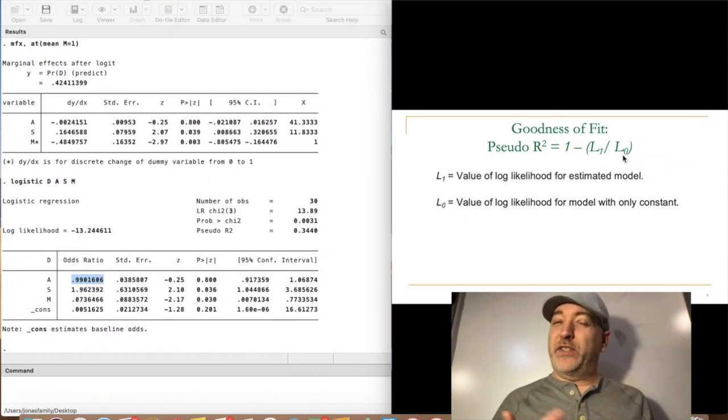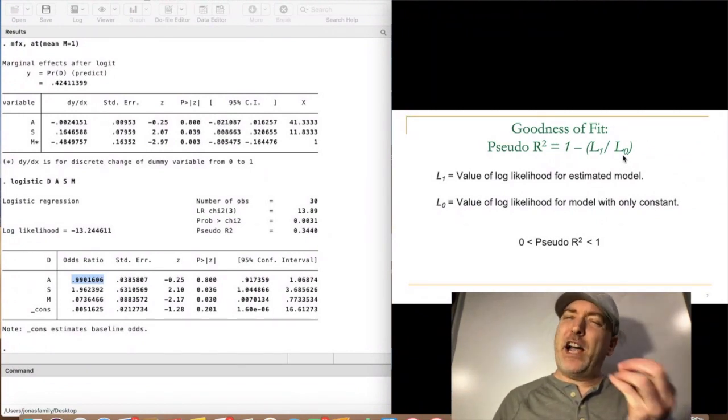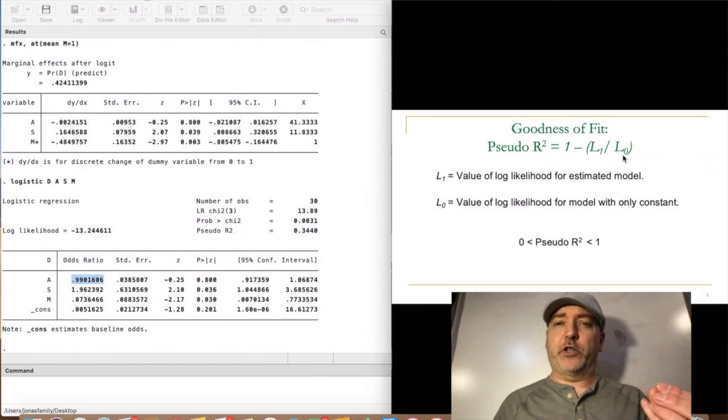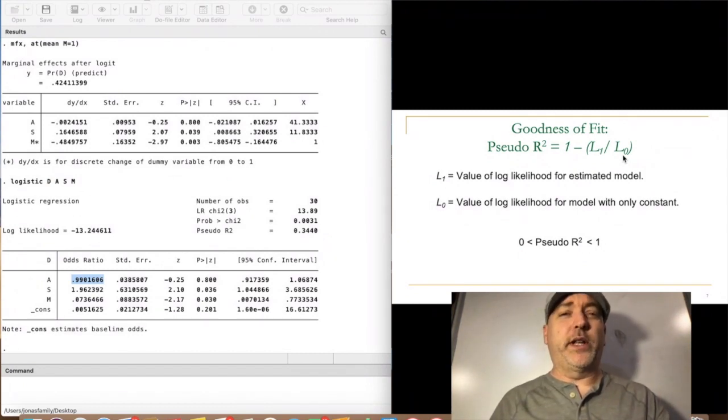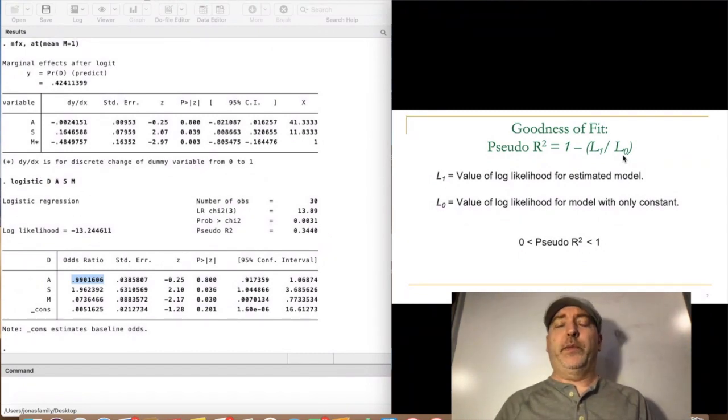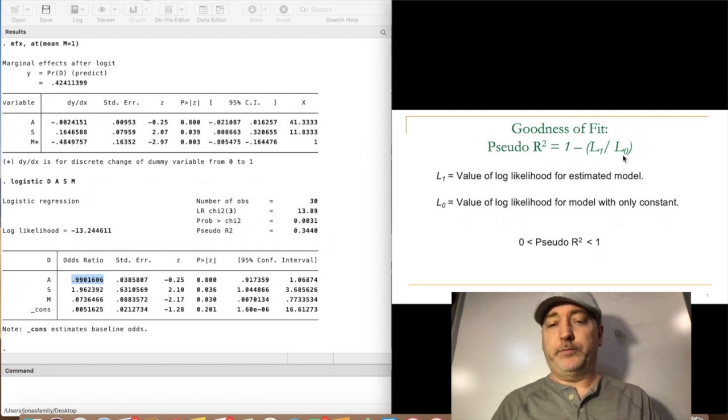So essentially what this is going to tell us is to what degree does your model outperform a model with no explanatory variables. Right? And it's going to look like an R squared by construction. It's always going to lie between 0 and 1, but it's not going to have that R squared interpretation of the percentage of variation that we can explain. So it's more about to what degree do we outperform that baseline model.